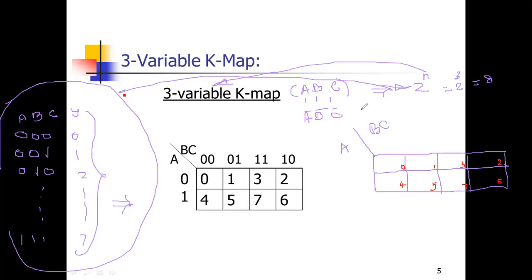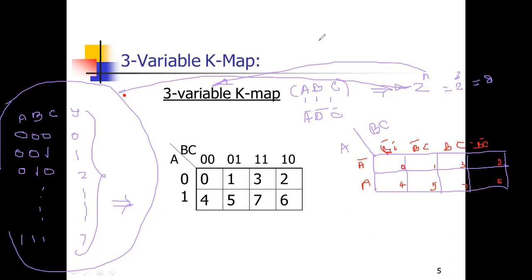A, B, C. Its combinations are like this: B bar C bar, B bar C, B C, B C bar. We will see later. A bar and A: 0 is represented as bar, 1 as A. The complement term is represented here.